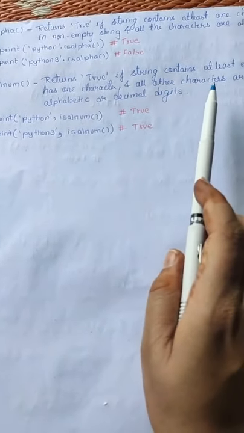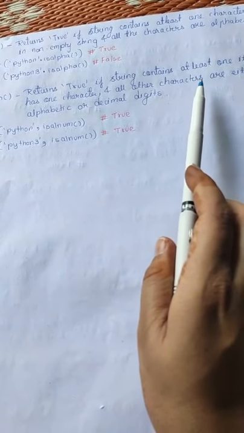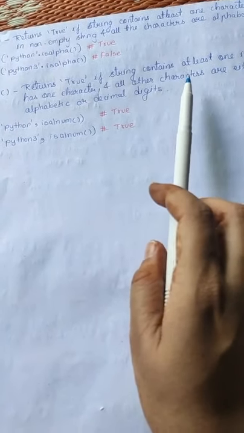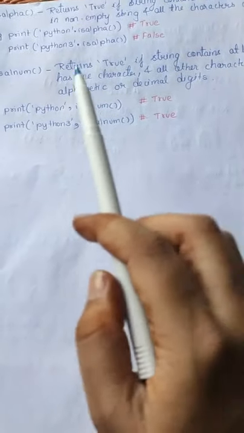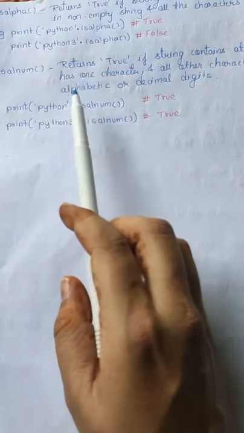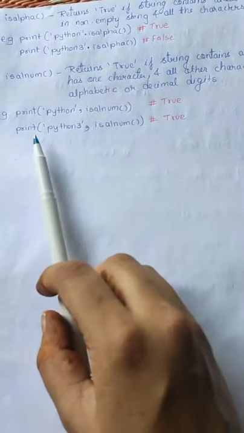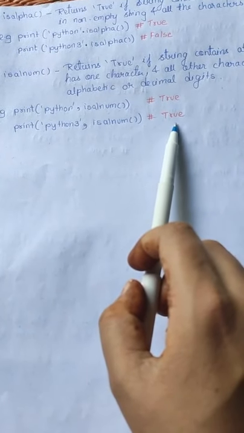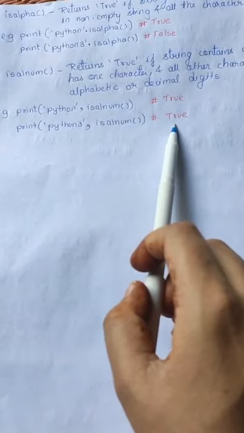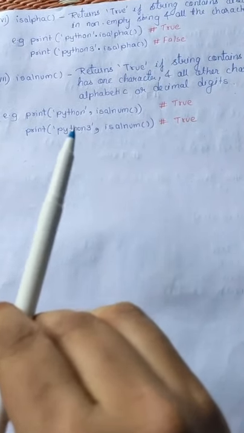It returns true if the string contains at least one character and all other characters are either alphabets or decimal digits. That means if I write only Python, it is going to return true. And when I write Python 3, it also returns true. It will return false when all the characters are digits.